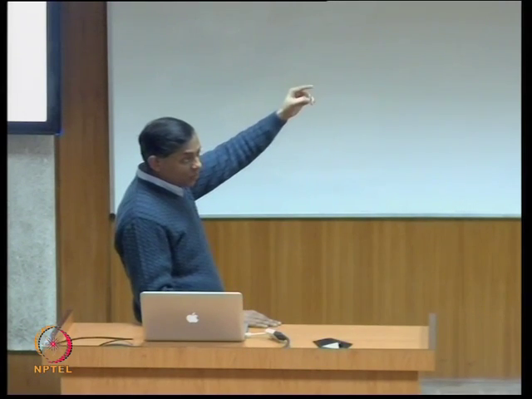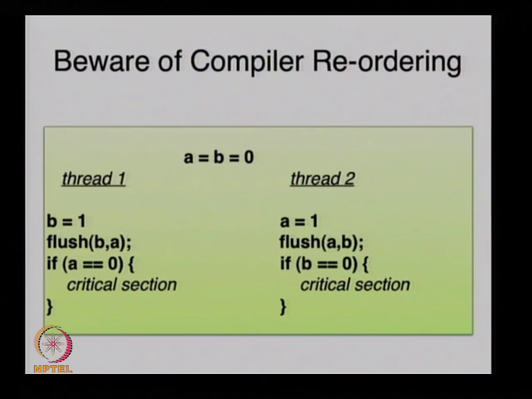If it happens before that flush, then it's the way it was intended. If it happens after that flush, what does that mean? That means that A is equal to 1, because that flush happened before this flush, and A equal to 1 happened before that. And so when it comes here, A will be equal to 1. So basically, A and B both can be 1? Yes. A and B both can be 1.